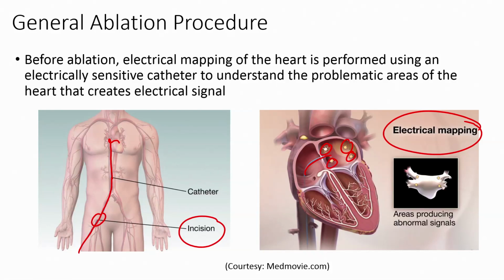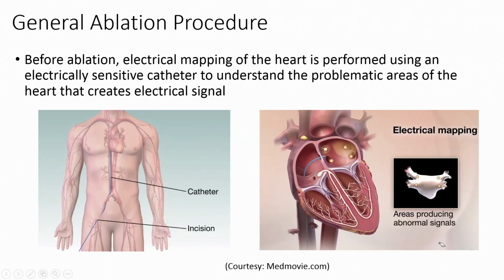It can be in the auricle, it can be in the ventricle. So, it is not just limited to the auricle; the PVI is measured to understand the areas producing abnormal signals. Once we know the abnormal signals, then we can treat it by ablating that particular area of the heart or particular tissue.